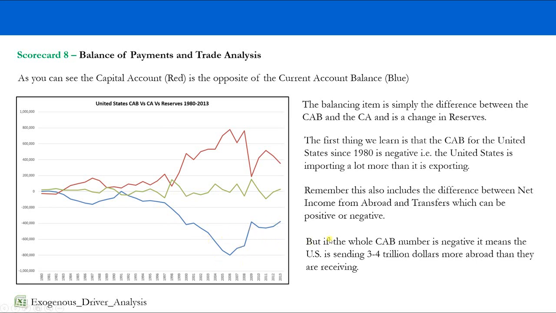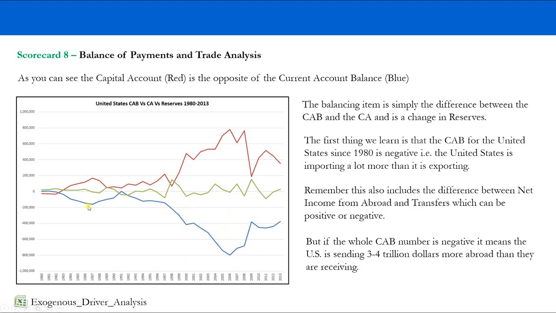Now, if you think about this in basic terms, if the US is importing from other countries, they obviously have to pay for those goods and services in foreign currency. So what they're doing is sending foreign currency abroad, but they're calculating for it in US dollar terms.